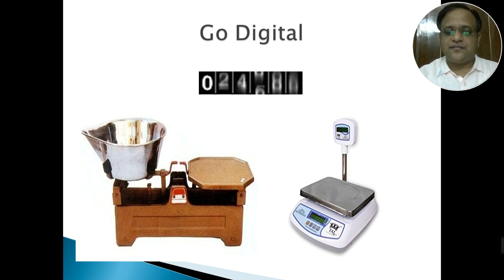Similarly, when these systems were not there, few dentists used to find out the radiographic length of the tooth with some flexible non-metal meshes, but they were very inconvenient and they were not giving significant results. There were a lot of errors in that calculation.